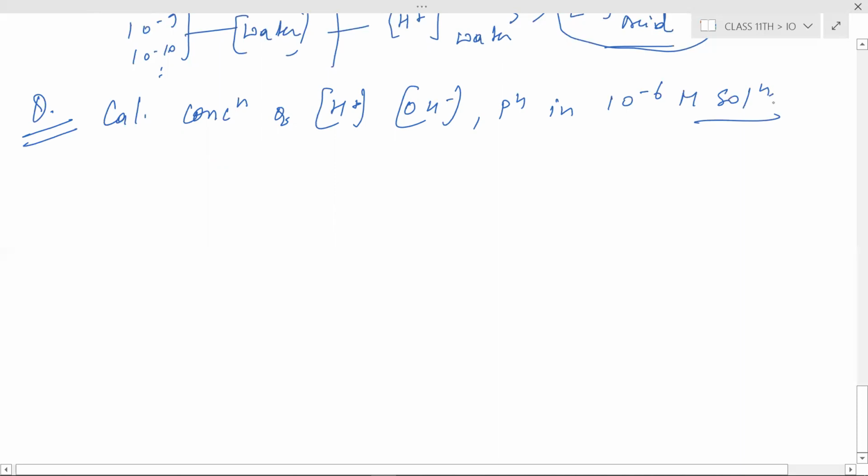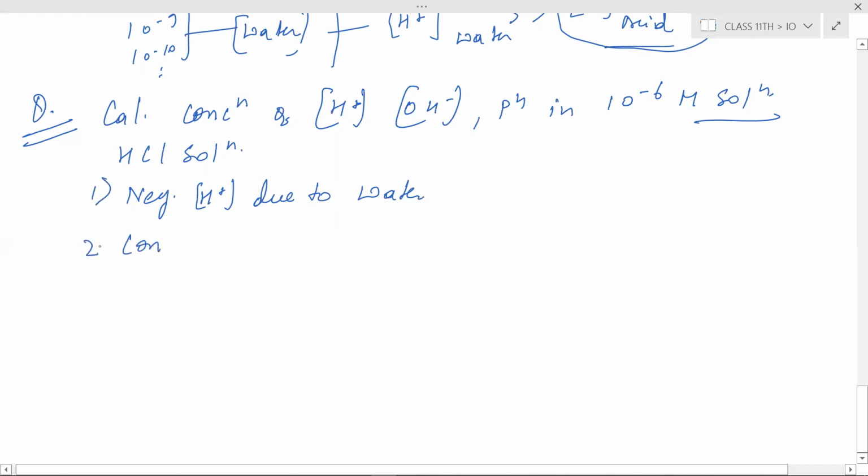Then I will show you how to calculate it for 10 raised to power minus 7. Neglect H plus ions due to water, and consider H plus ions due to water.